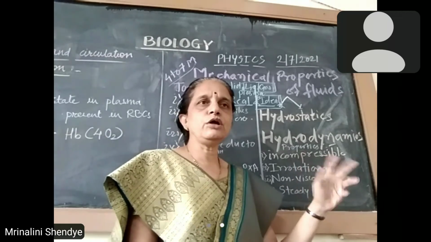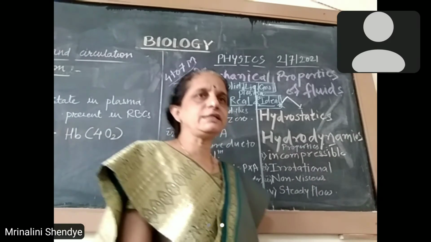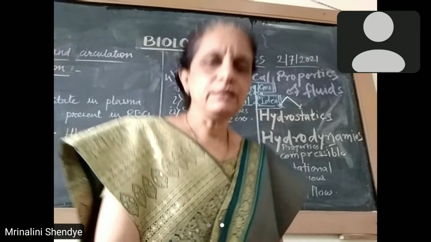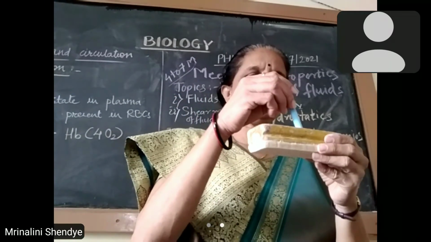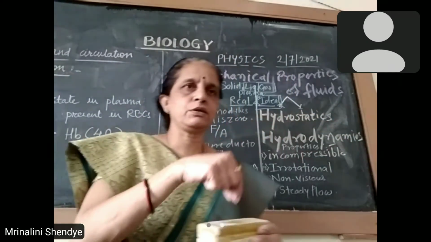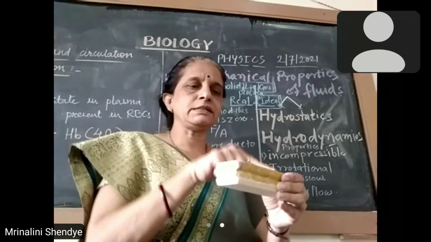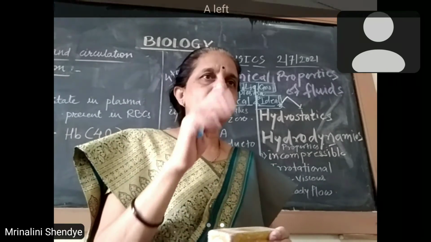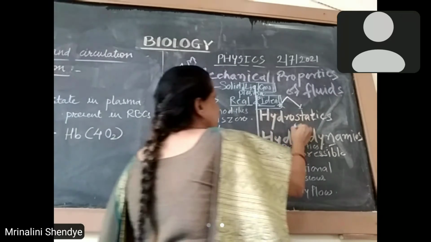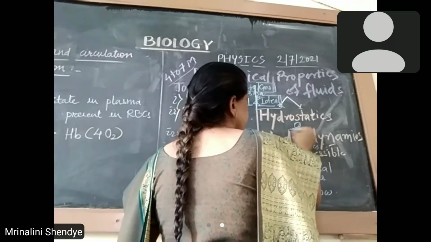Non-viscous. What does viscosity mean? If I consider one particle and keep it somewhere, it remains as it is. If you take a piece of mercury and place it on a surface, you get a spherical shape on that plane surface.